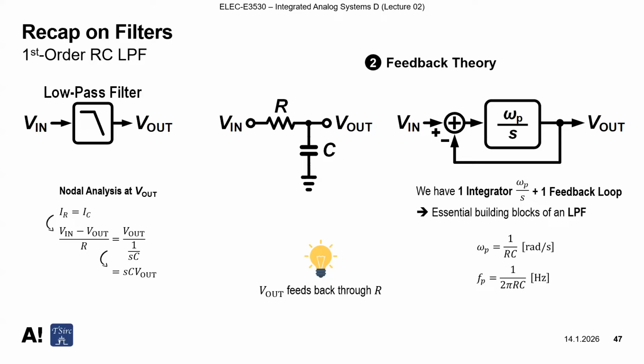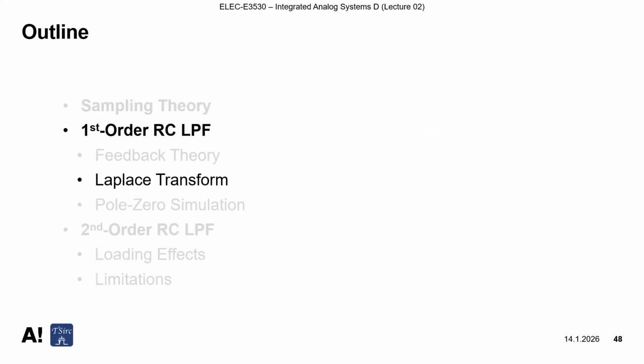V out feeds back through a resistor and a capacitor, which has an impedance value of 1 over SC, and it implements an integrator in the S domain. So this is the intuition about the feedback system. When we go to the Laplace transform, there will be more mathematical expressions involved.